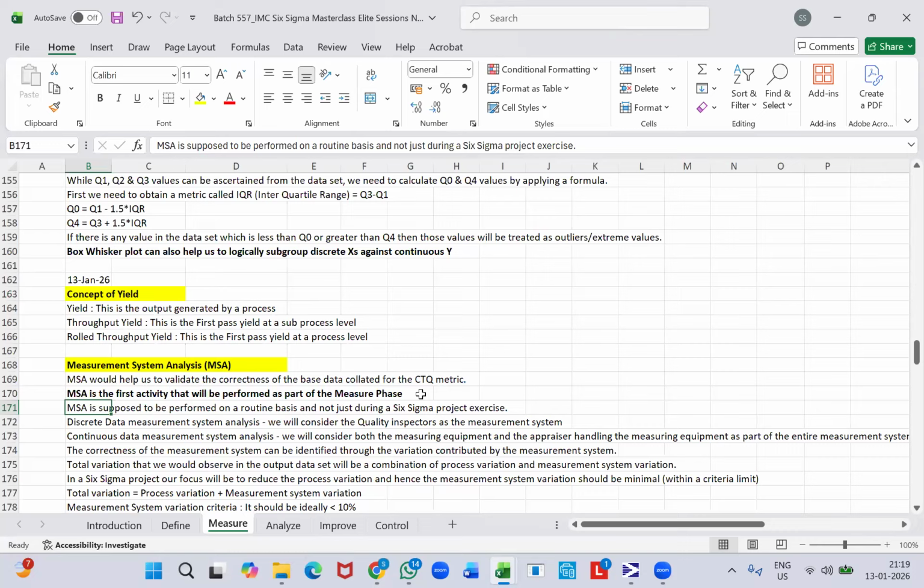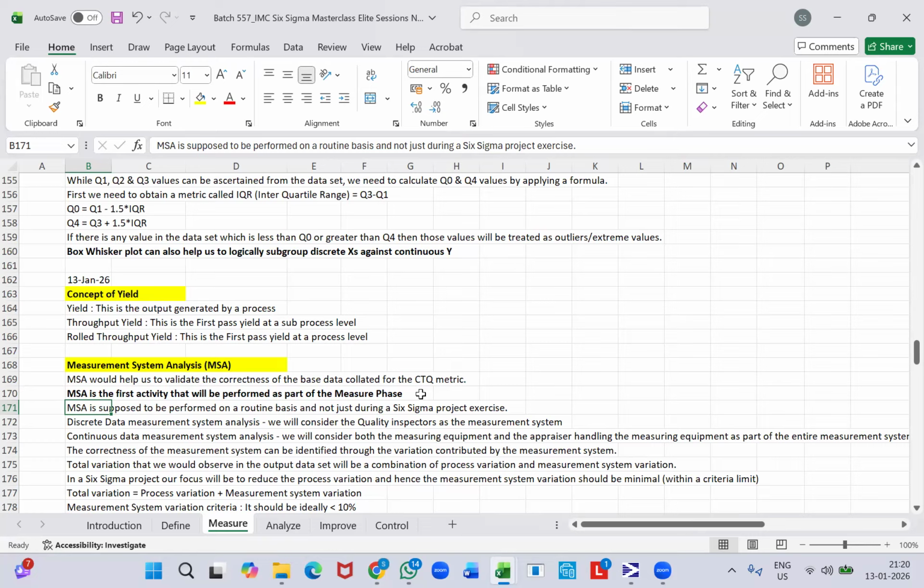So if the base data itself is not valid, then there is no point in performing analysis with the data because that will always lead us into the situation called GIGO situation. We should not forget garbage in, garbage out kind of a situation. So from that perspective, this particular exercise becomes all the more important and critical, right?